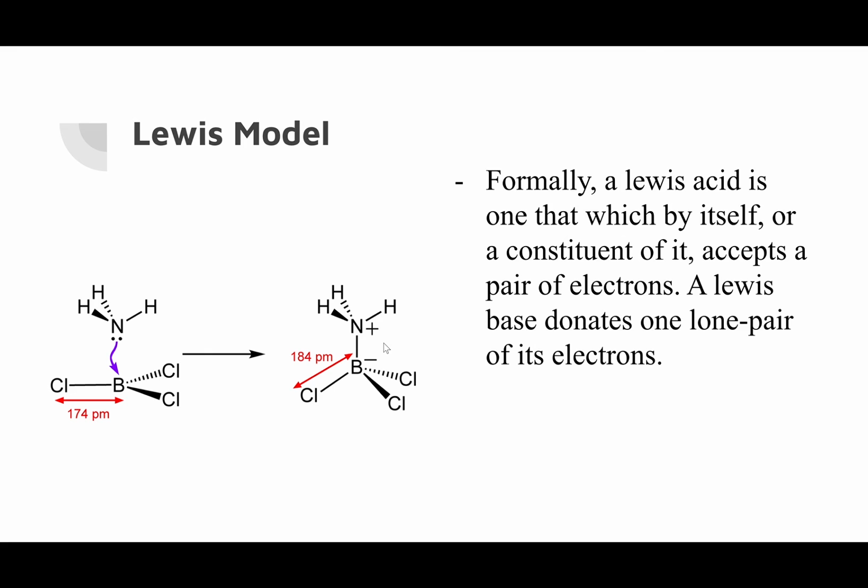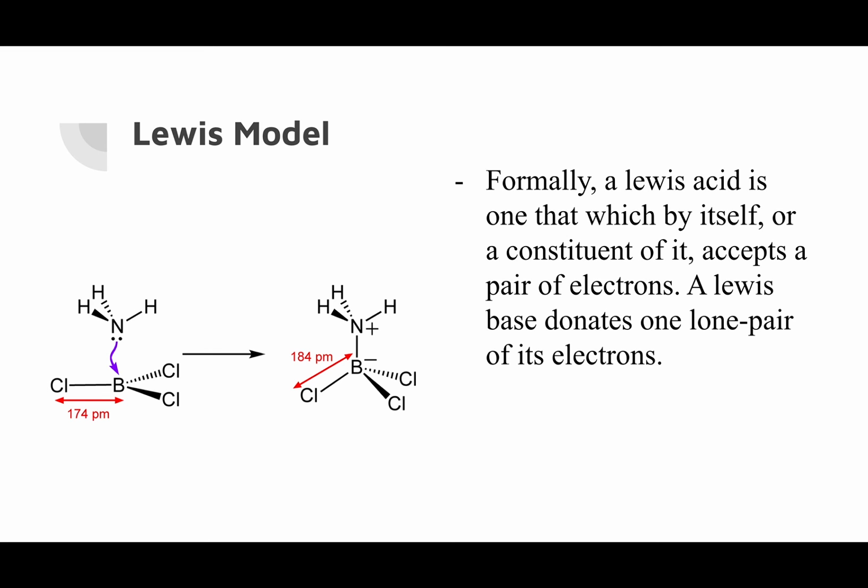Now, the Lewis definition encompasses the Bronsted-Lowry definition. For example, a Bronsted-Lowry base is a hydrogen ion acceptor, and in order for it to accept that hydrogen ion, it has to have a lone pair. So it has to be a donor of a lone pair, and therefore it's a Lewis base. And a Bronsted-Lowry acid donates a hydrogen ion.